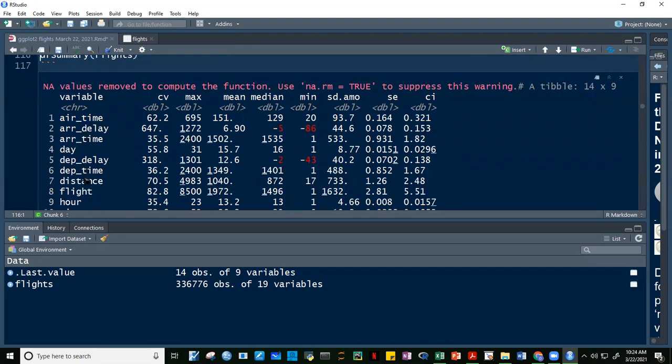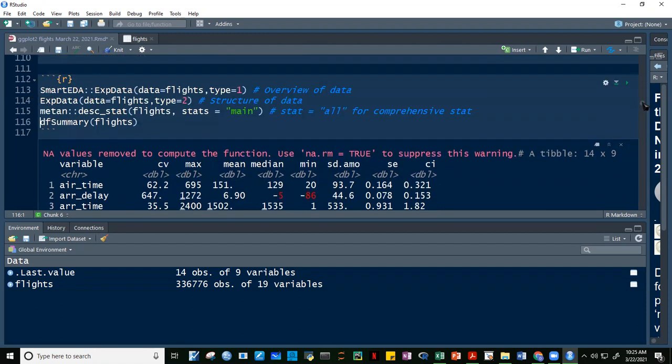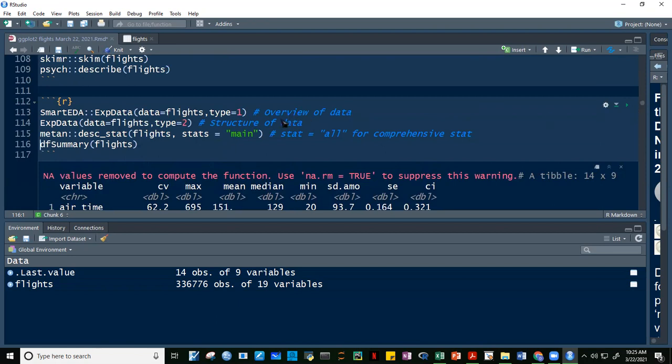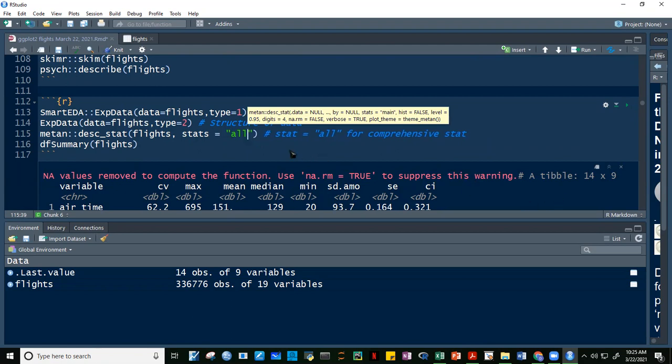So ito yung mga variables, and then I think CV is coefficient of variation, maximum, mean, median, minimum, standard deviation, standard error, confidence interval. If you want, guys, a comprehensive statistics, you can type instead of main yung all. Kasi yung main, 9 lang. 1, 2, 3, 4, 5, 6, 7, 8.